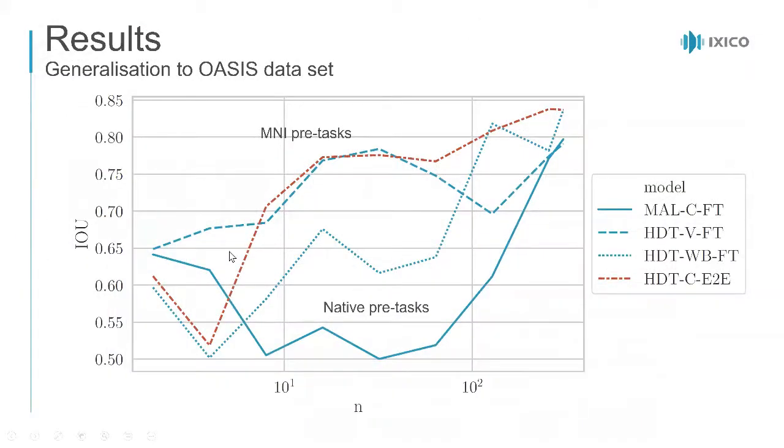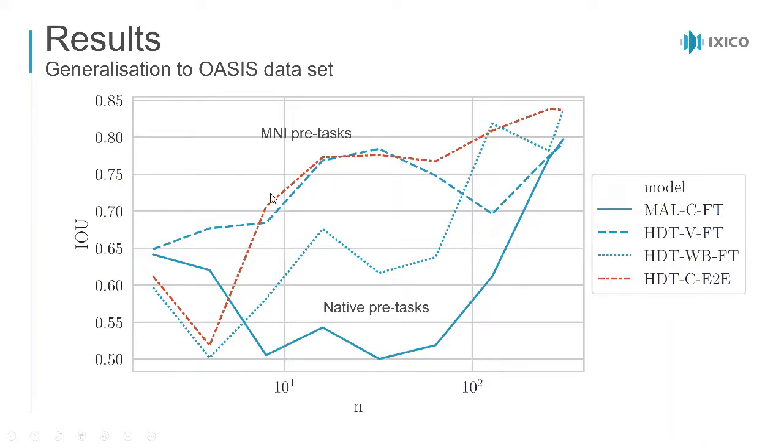We can then look at the generalization performance. Now, on the previous slide, we saw that the training on the caudate data was more important than training a model in the same space, even on the same subjects. Now, we actually see the reverse.